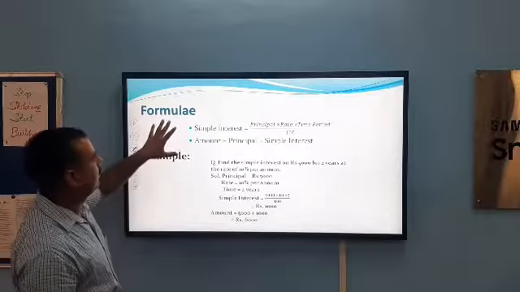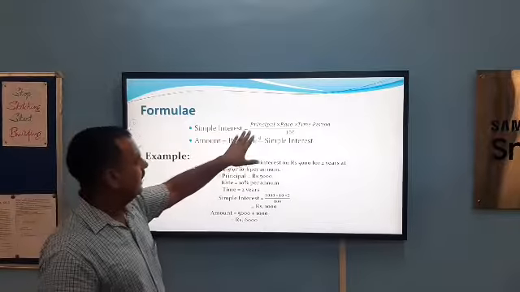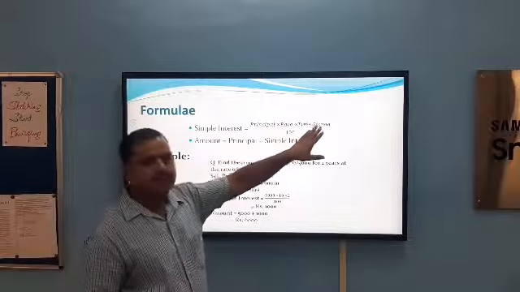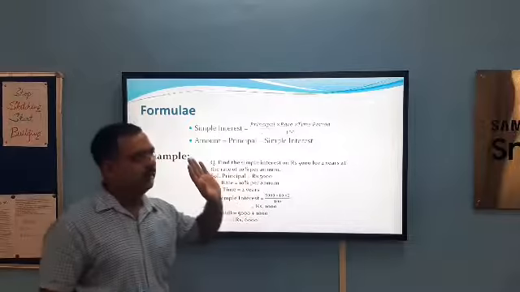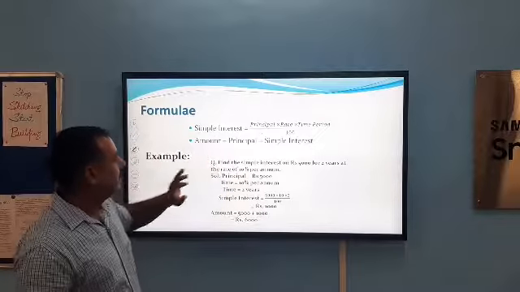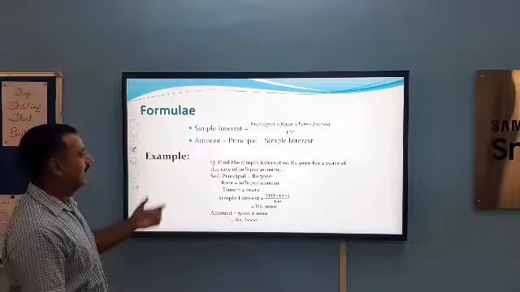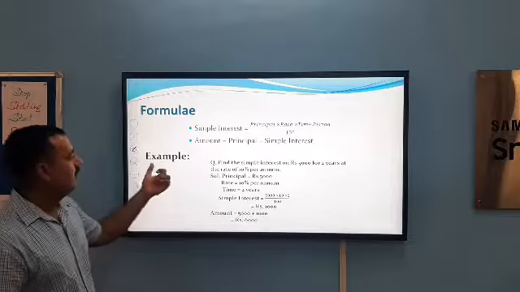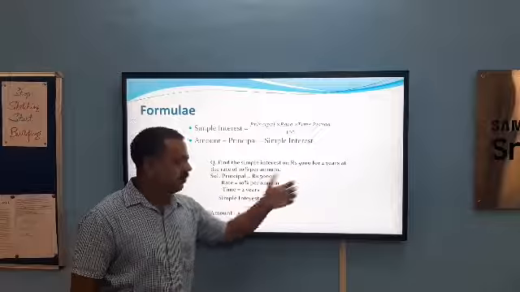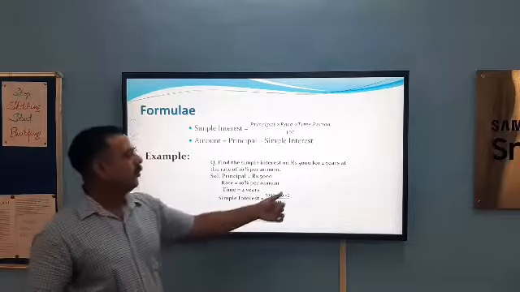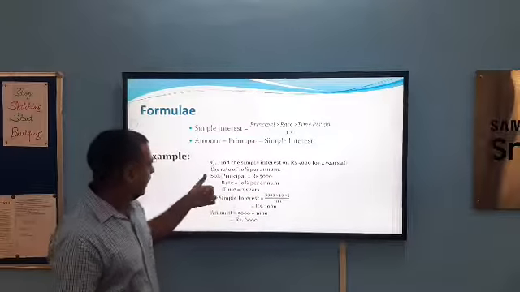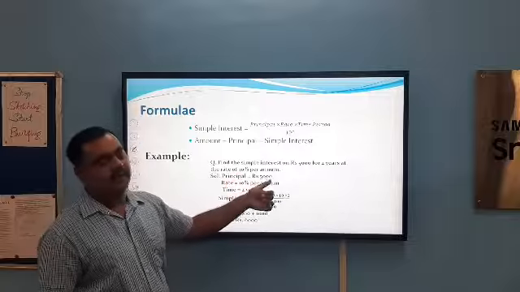Now the formula for simple interest is equal to principal into rate into time period upon 100. Amount is principal plus simple interest. Now take an example. Find the simple interest on rupees 5,000 for 2 years at the rate of 10% per annum.